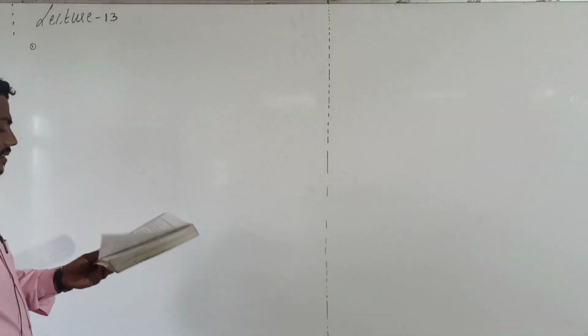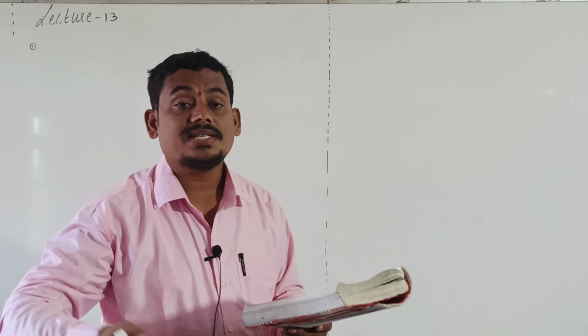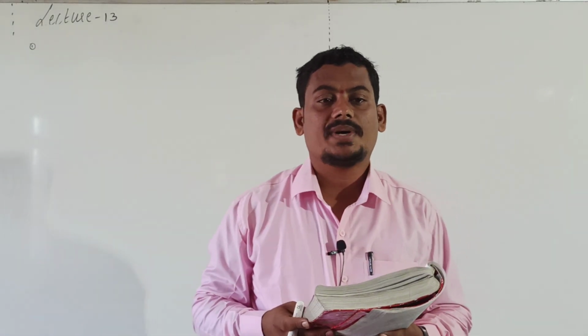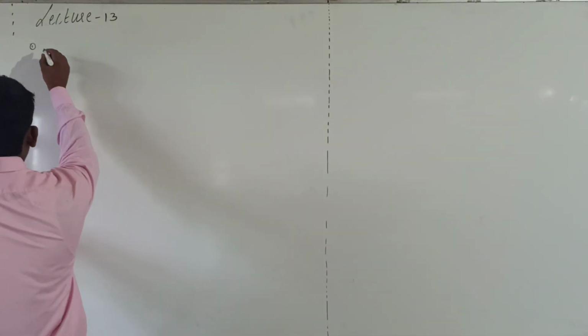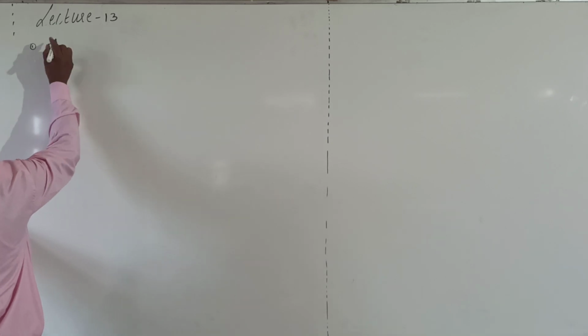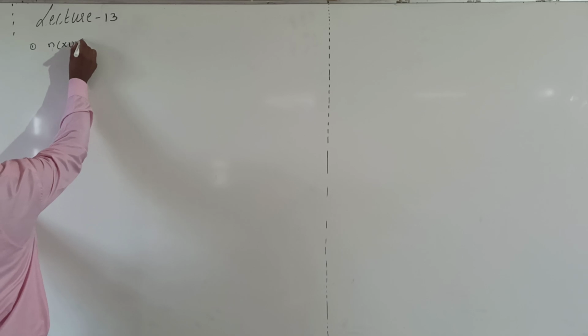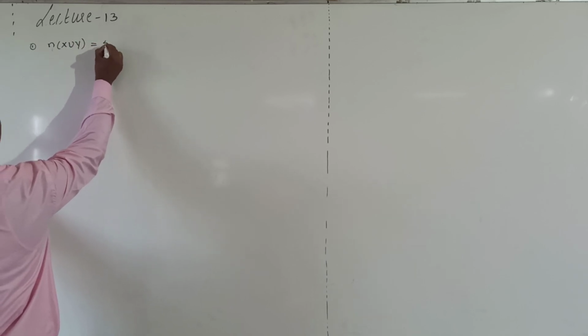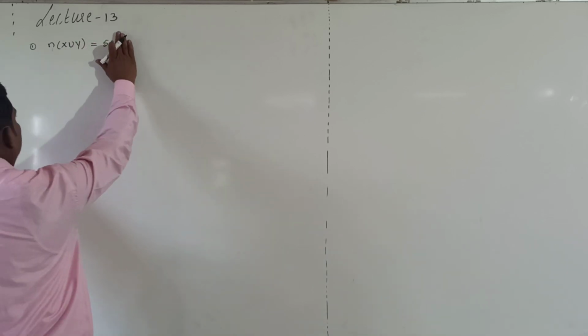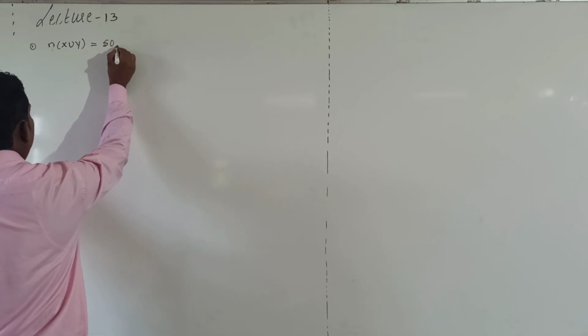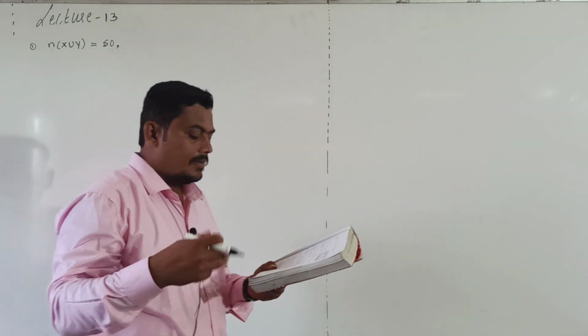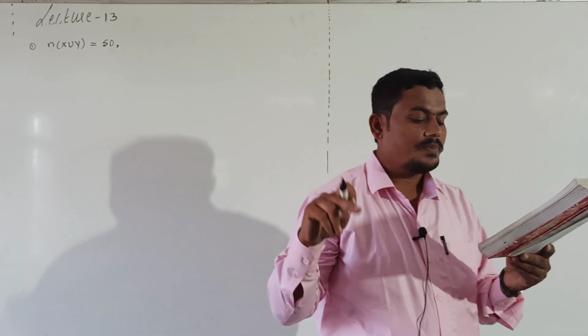Clearly, they have given the number of elements in X union Y: n of X union Y is equal to 50. X union Y has 50 elements.